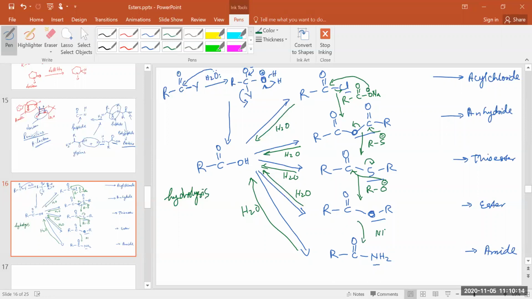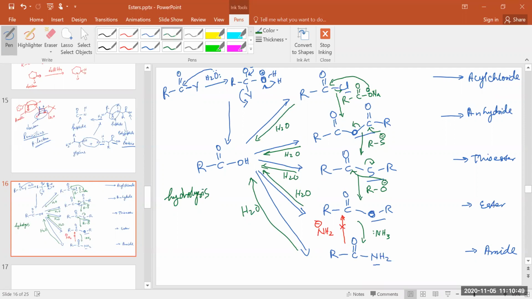So the reverse reaction, if you take RO minus here, will generally not happen, because amide is less reactive than the ester, so the reverse reaction is not favorable. In some exceptional cases it happens, but you need not worry about this.